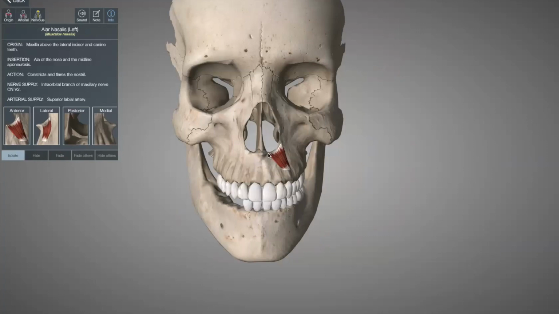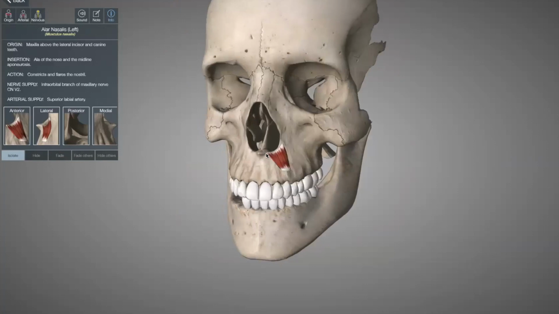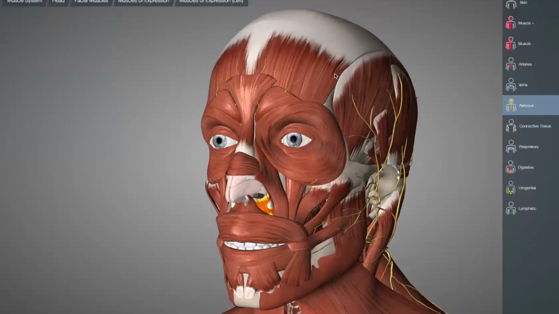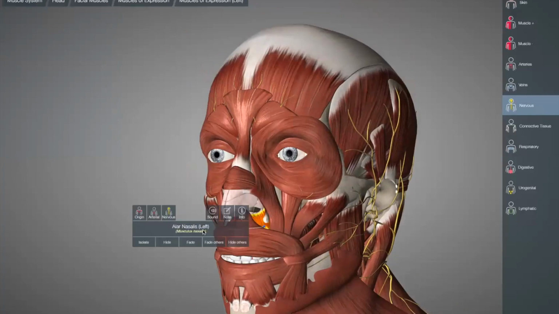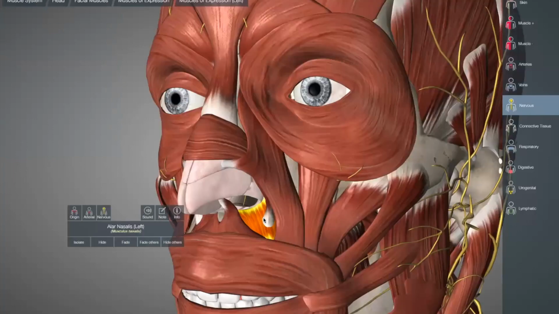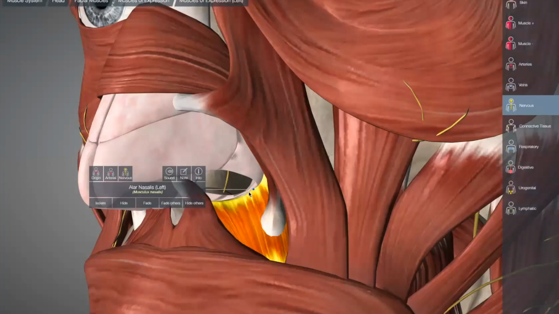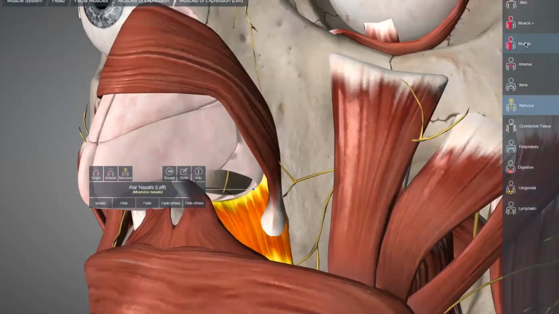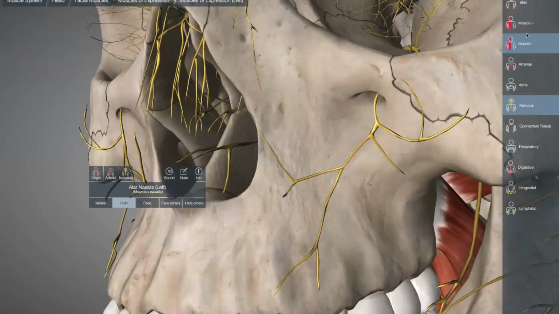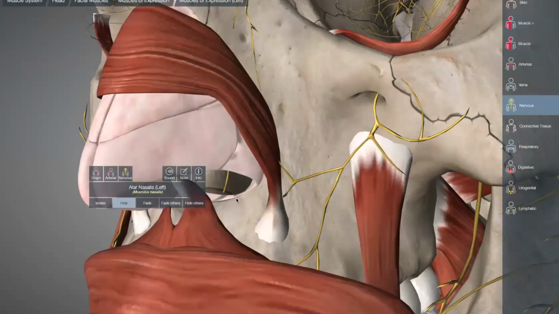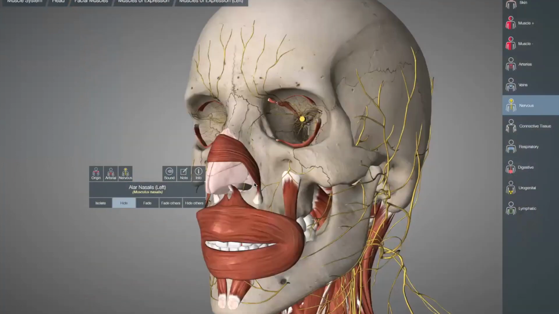It inserts into the alar cartilage of the nasal skeleton. I'm going to show you what the alar cartilage is. See, that's the cartilage here. If I remove the muscles, I don't know if it's going to stay. It's not, but you can see here the alar cartilage of the nasal skeleton.